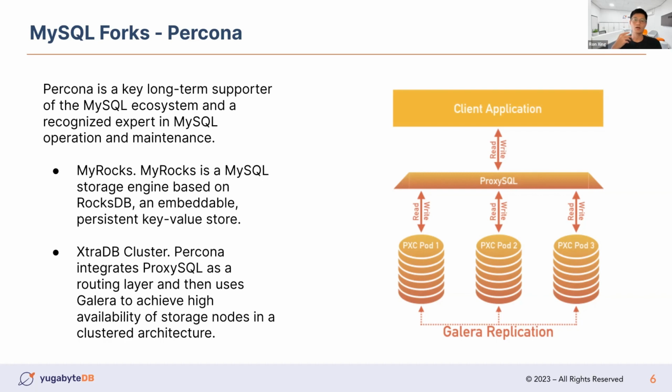One is that Percona MySQL supports MyRocks as the storage engine. MyRocks is a MySQL storage engine based on RocksDB, an embedded persistent key-value store. For those who are not familiar with RocksDB, it's a storage engine leveraging the LSM tree implementation.